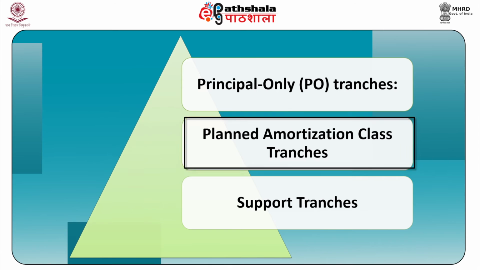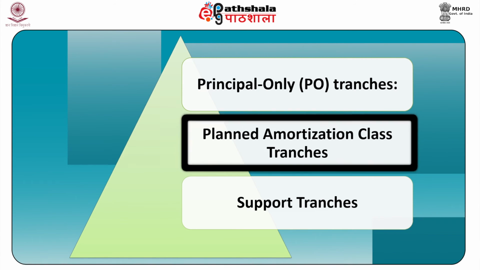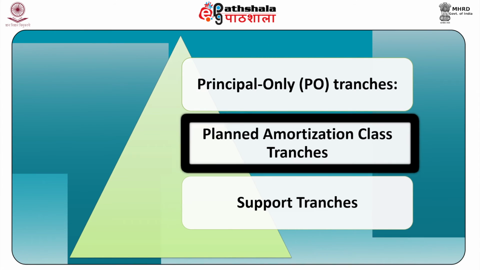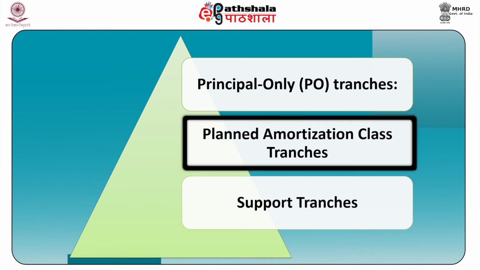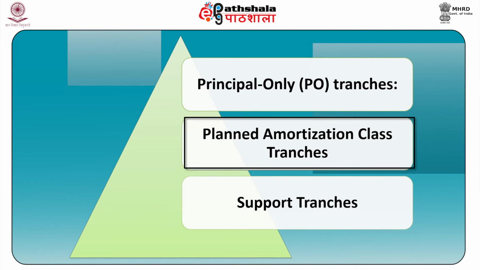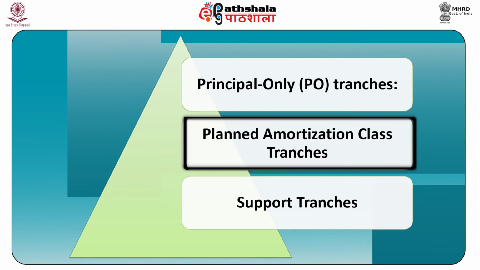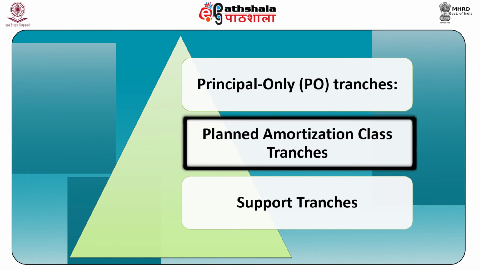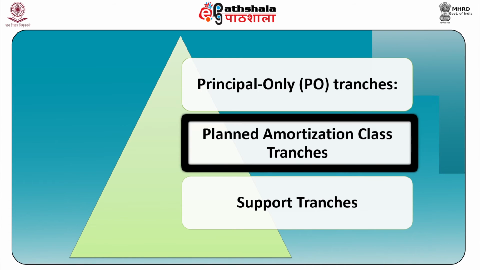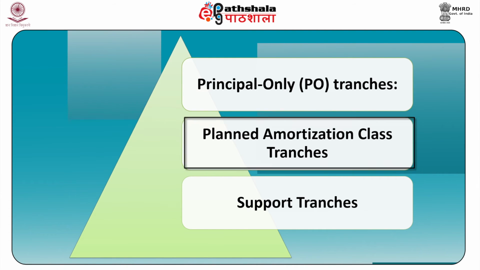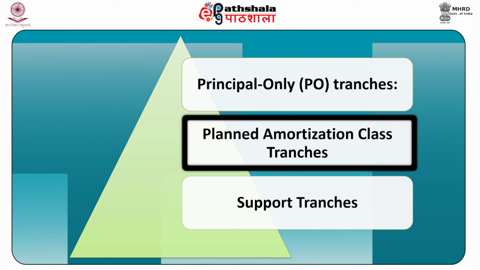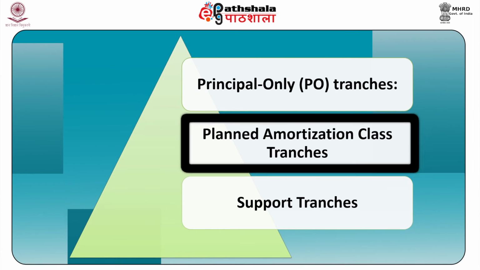A. The periodic monthly coupon payments received from the mortgage pool are dispersed to each tranche based on the principal outstanding on that tranche at the beginning of each month. B. When the prepayments of mortgages are very low, then the principal repayment received from the pool is first used to repay the planned principal repayment of the PAC tranche and any balance is paid to support tranches.